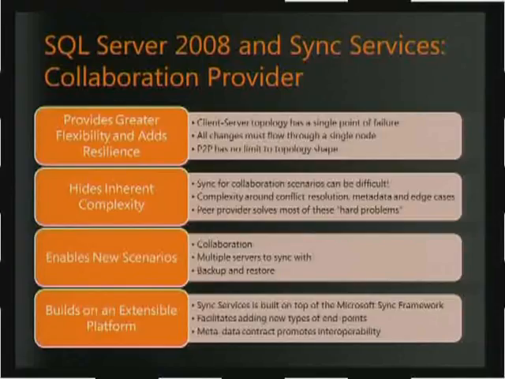So it will be possible in 2008 to decide that you want to sync file data and relational data at the same time. And even if that data is on a file server and it's your offline copy of that file server, but then also if you want to synchronize with the database, you can do that.